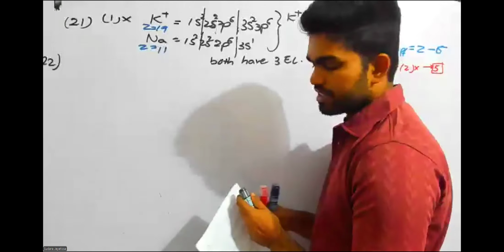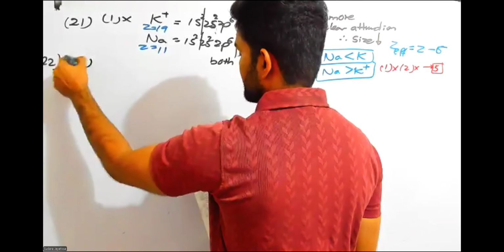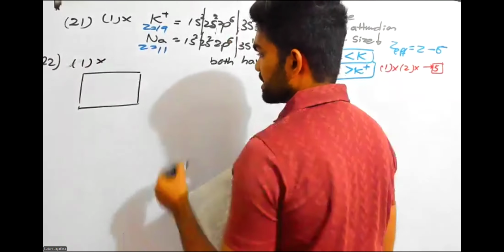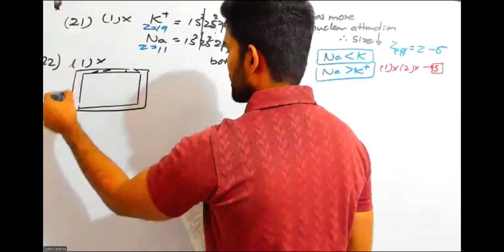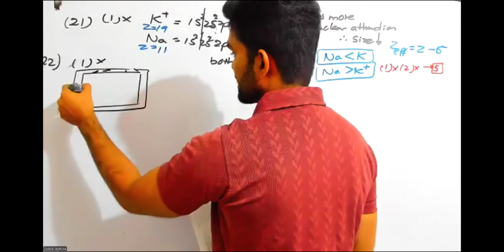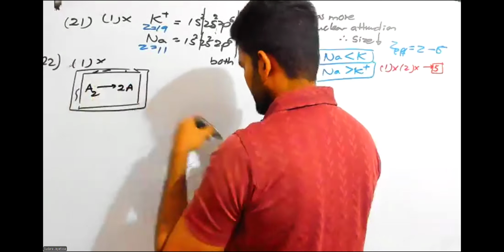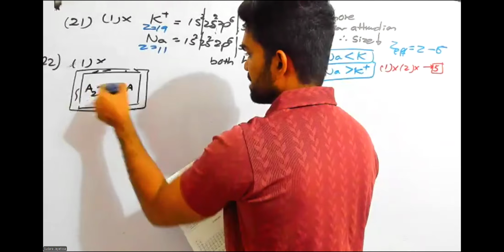In an isolated system, it is kind of trapped, there's no heat, work, or matter exchange with the outside. It is fully isolated. Now let's say an endothermic reaction is happening, A2 goes to 2A. So energy is absorbed to break the bond.